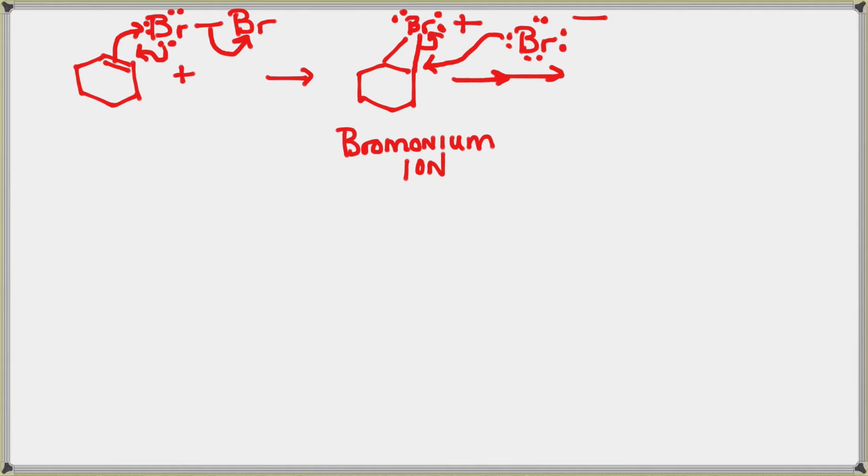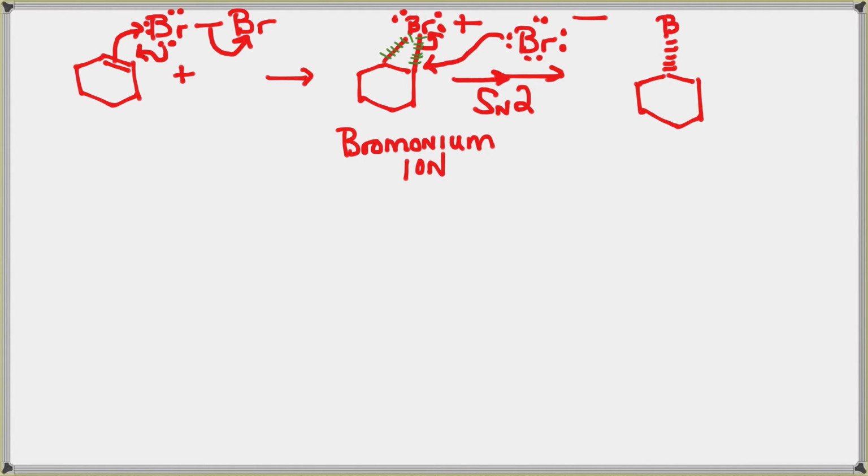Okay, and again, that step is an SN2 process. So what that means is, if this bromonium ion is behind the plane of the screen, pointing backwards, the bromide ion must add from the front, inversion of configuration, so that my final product has a trans relationship between the two bromine atoms.